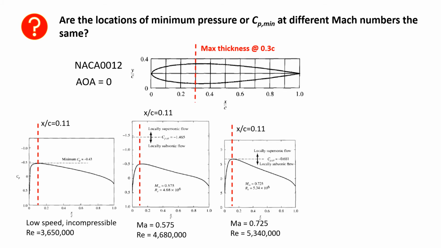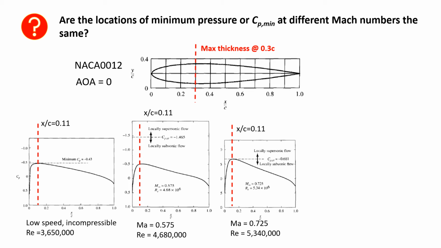Okay, so let's see the three measurements. It's this airfoil at 0 angle of attack, measured at 3 Mach numbers, actually 3 speeds. One is low speed, which we can treat as incompressible flow. The Reynolds number is 3 million something, and then the Mach number increased to 0.575. The Reynolds number also increased, and the Mach number eventually became 0.725, with a Reynolds number of 5 million something.